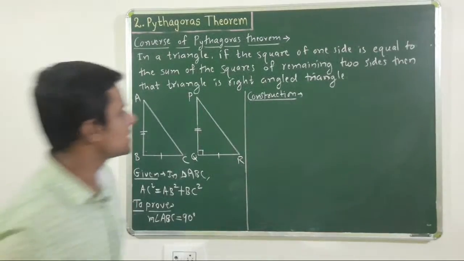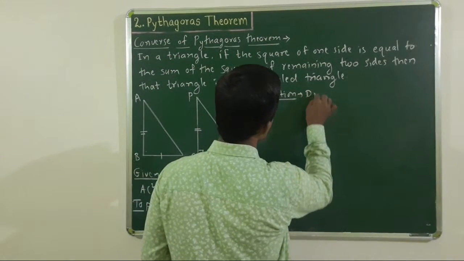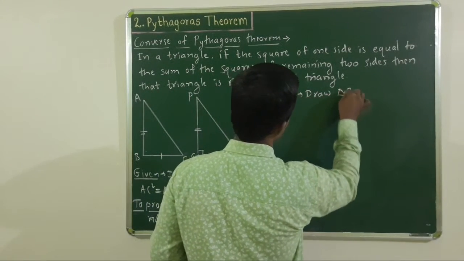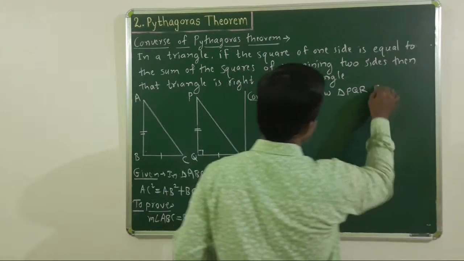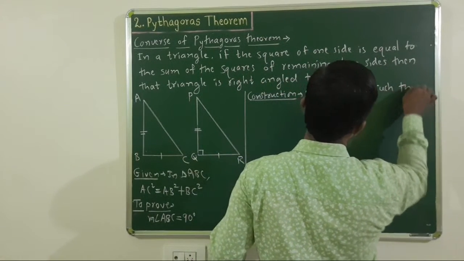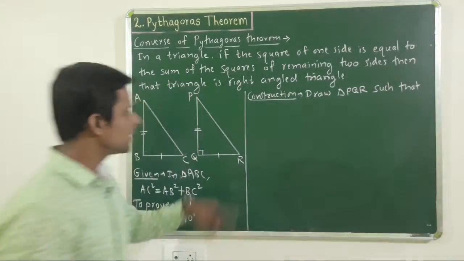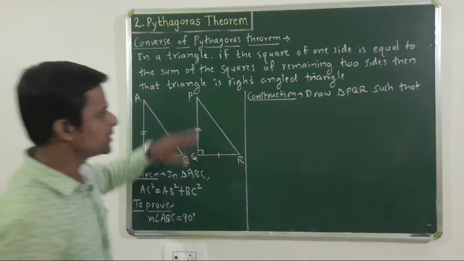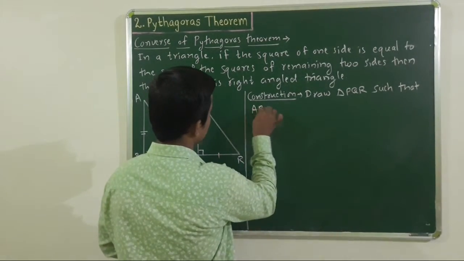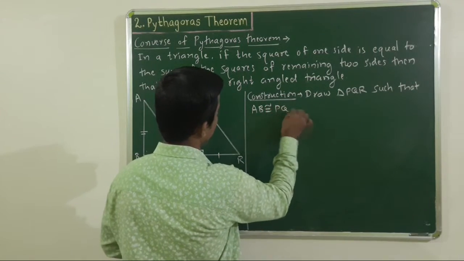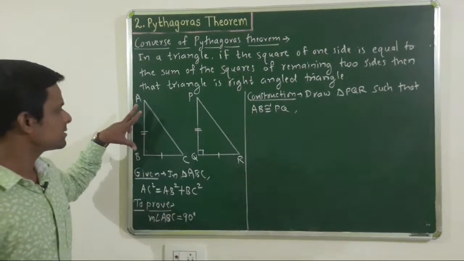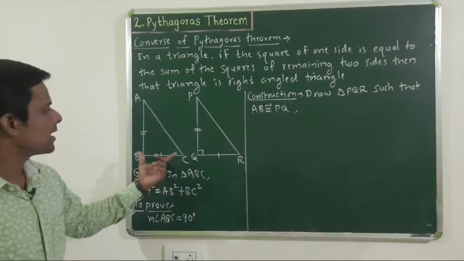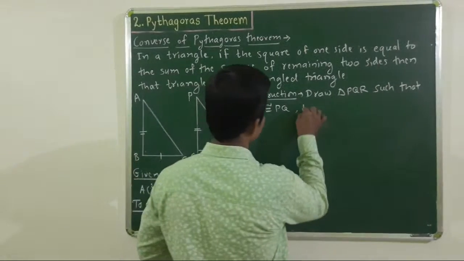The construction is like this. Draw triangle PQR such that AB is congruent to PQ, by taking this length for PQ, and BC is congruent to QR.